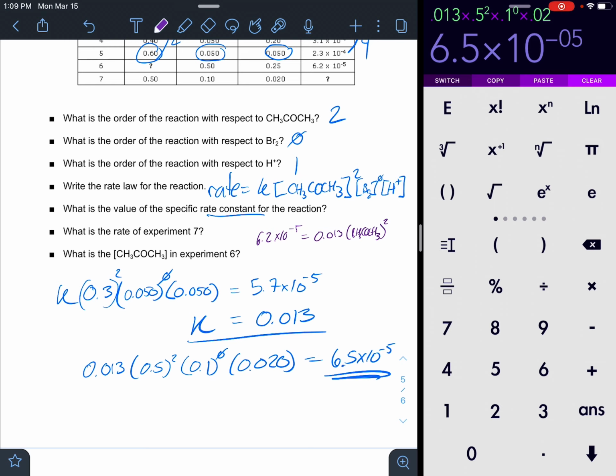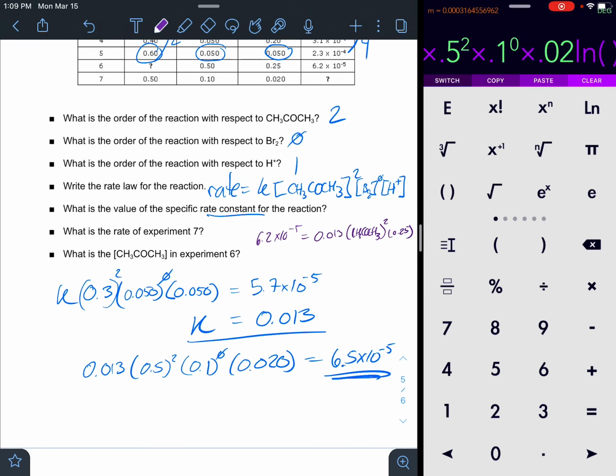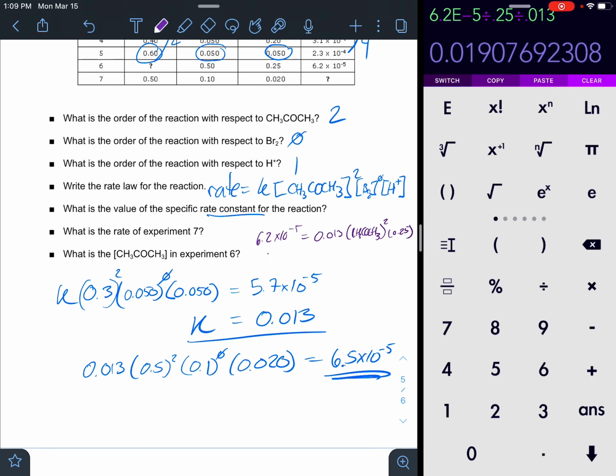And we do have the other values. The only one that matters is the H plus. So then we do a rearrangement, 6.2 negative 5 divided by 0.25 divided by 0.013. That gives us this number, 0.019. And we're going to take the square root of that to find CH3.